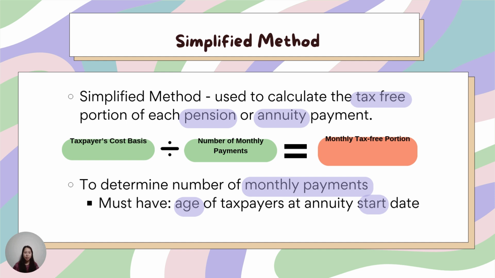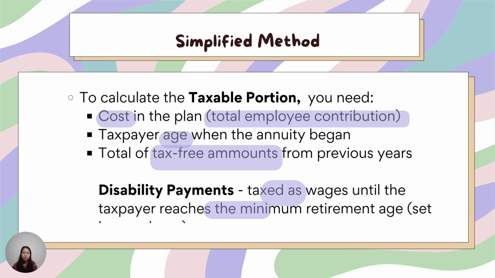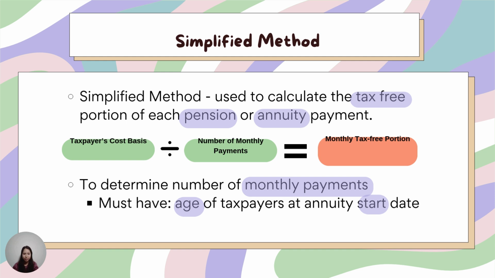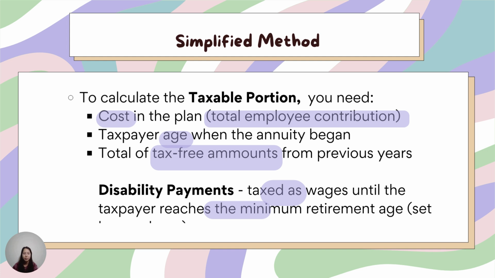Now, how do we determine the number of monthly payments? Well, you must have the age of the taxpayer at the annuity start date or the pension start date. And that's how you basically know, like, okay, they started at this date and they thus paid until present, or however many years they paid, and that's how many monthly payments they had, times 12.